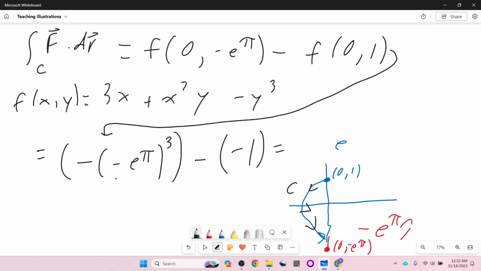And so this becomes e to the 3 pi plus 1. Did I do that right? No, sorry, there's no negative there. What am I doing? I'm sorry, everyone. I'm making some mistakes here, but hopefully this is not too confusing. We end up at the right place.